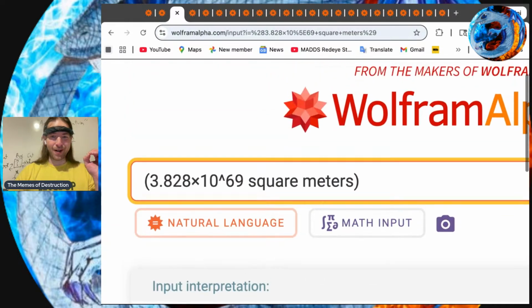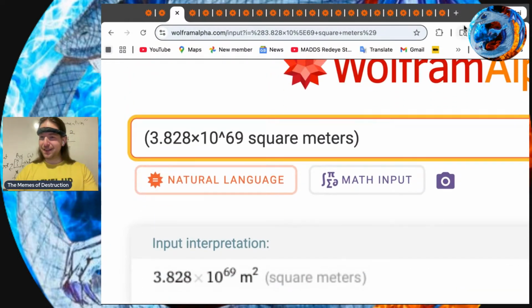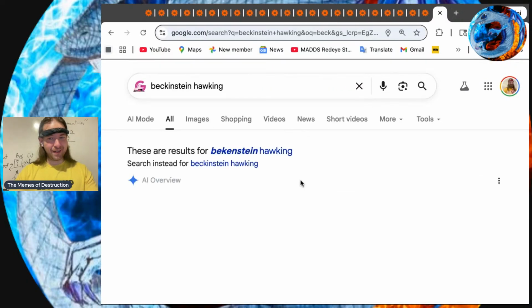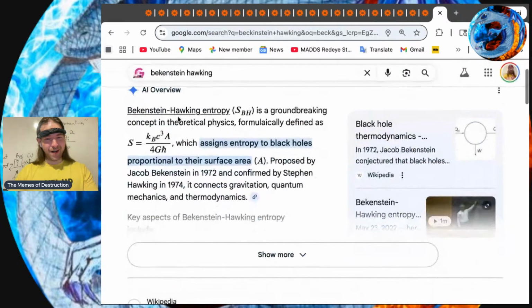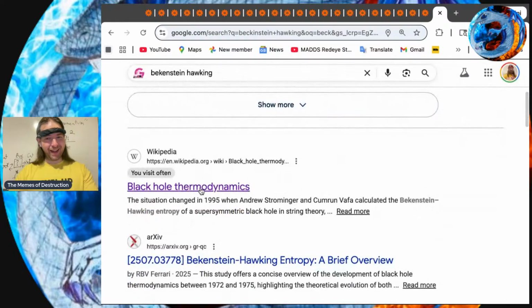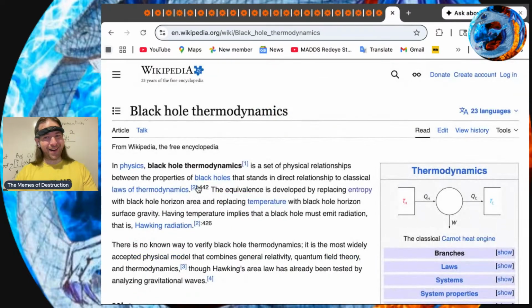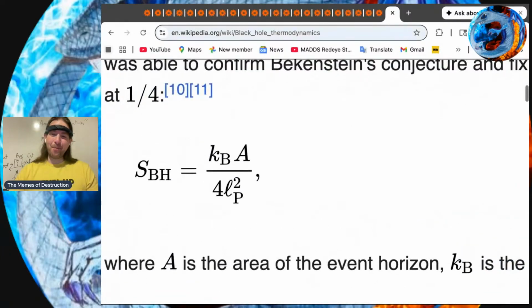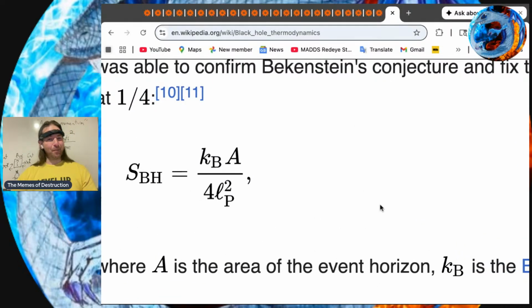We're going to go to our old friend, the Bekenstein-Hawking. All right. As you can tell, I may or may not visit this place often. Basically, this is the Bekenstein-Hawking entropy formula.